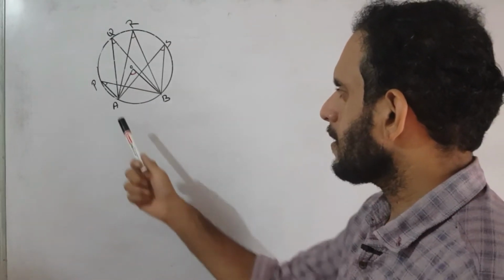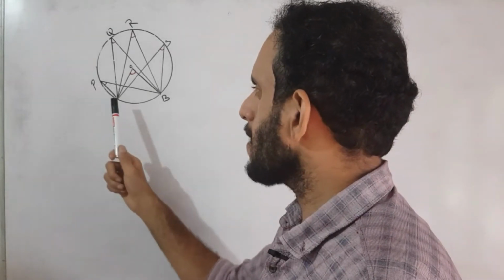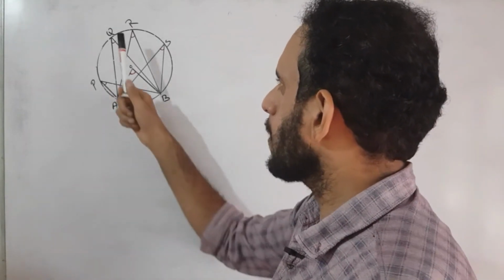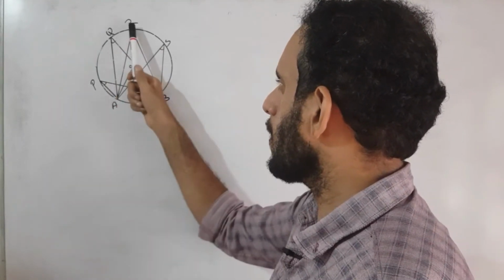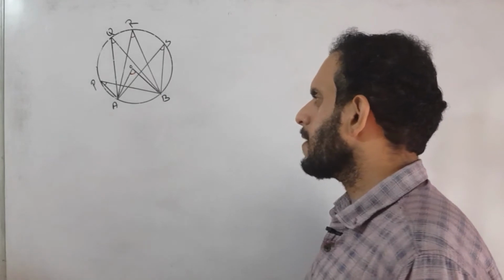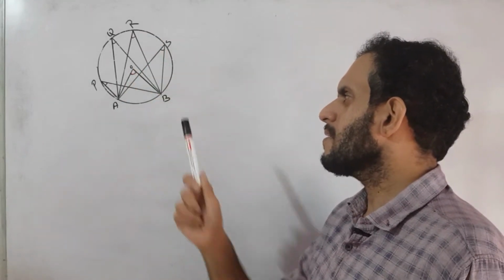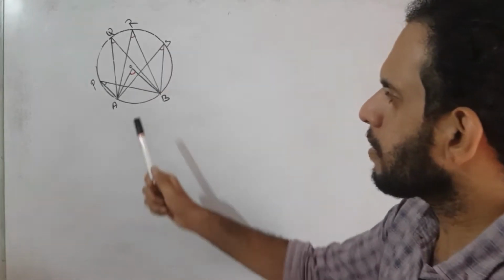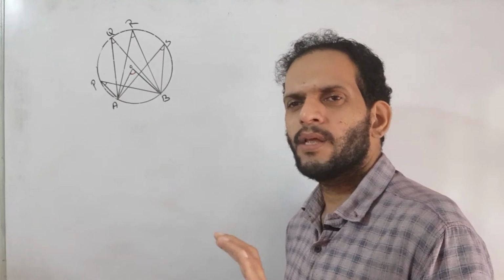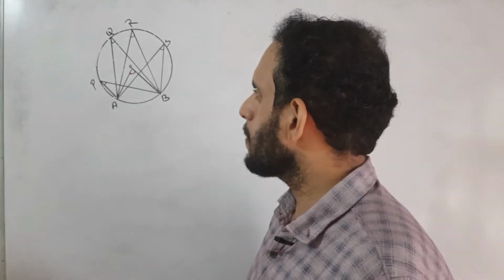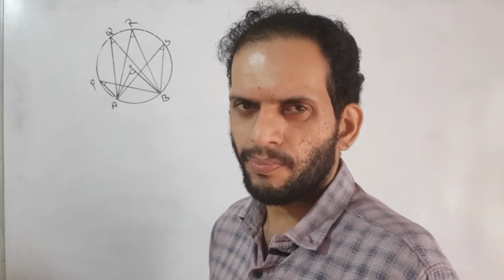The arc AB subtends an angle at the point P as angle APB, at the point Q as angle AQB, angle ARB as the angle subtended by the arc AB at the point R, and angle ASB is the angle subtended by the arc AB at the point S. So here we get 4 angles: angle APB, angle AQB, angle ARB and angle ASB.